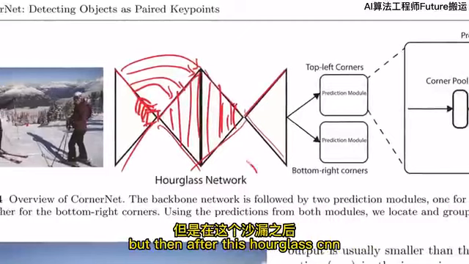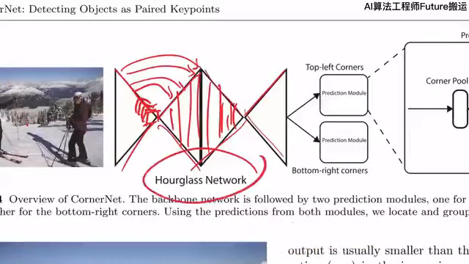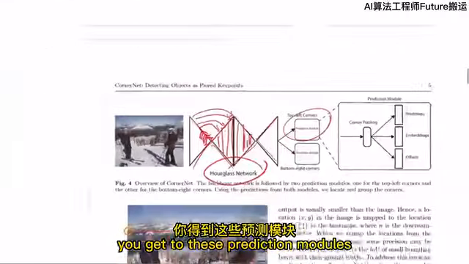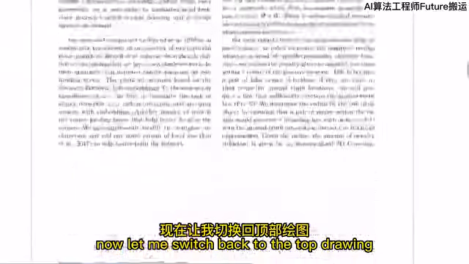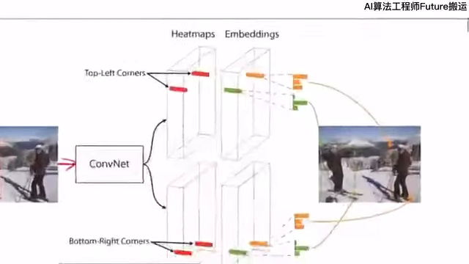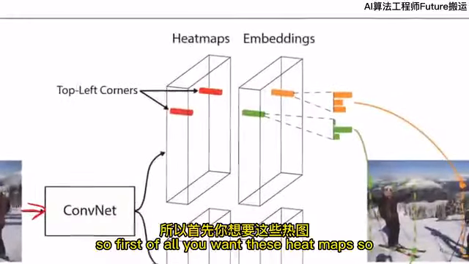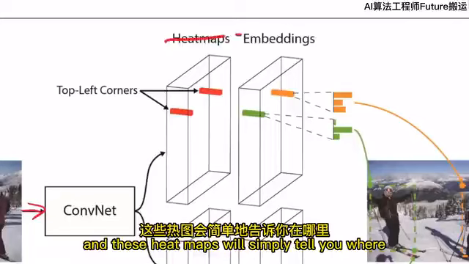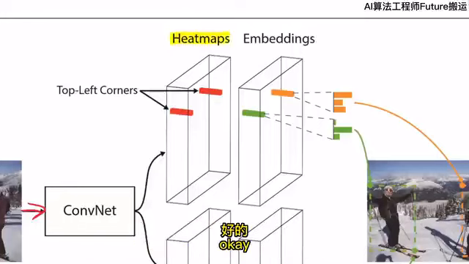But after this hourglass CNN, you get to these prediction modules. Let me switch back to the top drawing. Ultimately, what you want as output of these prediction modules is two things. First, you want these heat maps, and these heat maps simply tell you where the corners are.